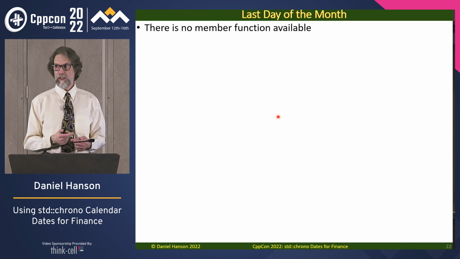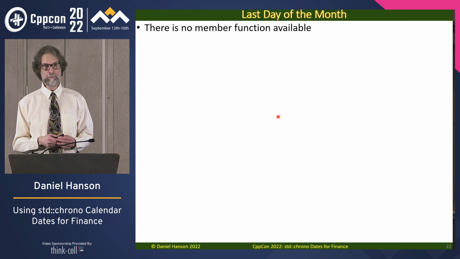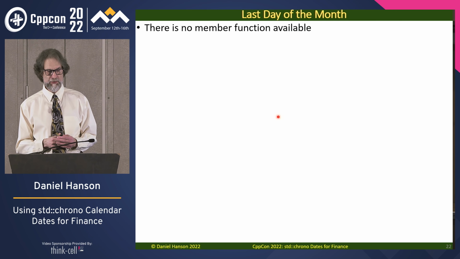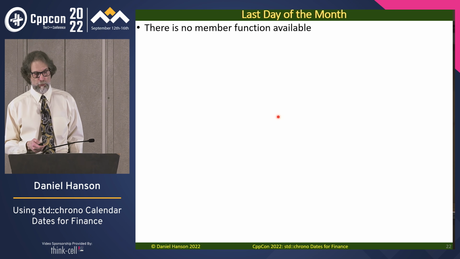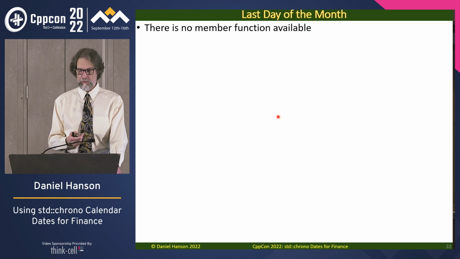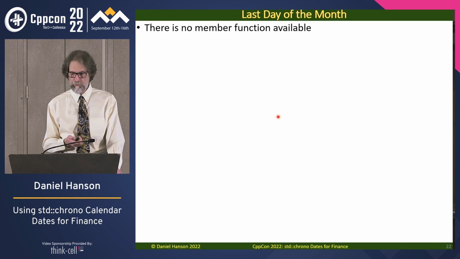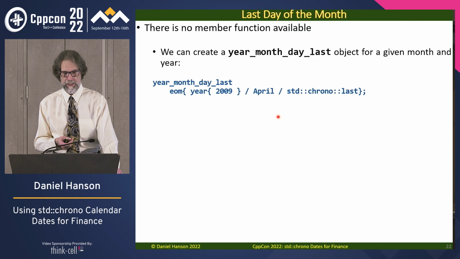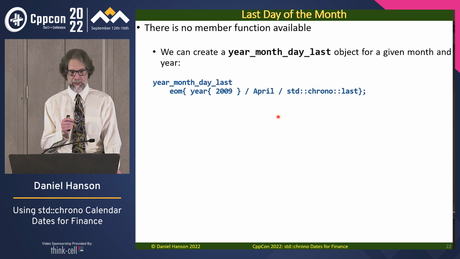A lot of times we need to know what the last day of the month is. But in this case, there's no member function available. So we have to do it ourselves. The way we can do this using std::chrono functionality is we create a date, but now we create it as a year_month_day_last type.